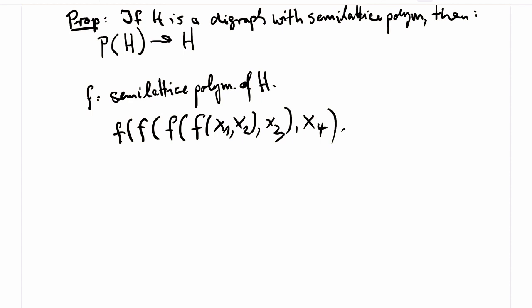Maybe we have another one, x_5. Now it's okay. So this gives me a function g. g is again a polymorphism, that's what we know. And it has a very nice property. g is what I call totally symmetric.